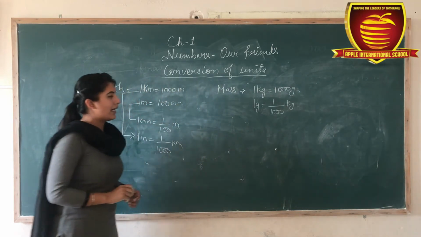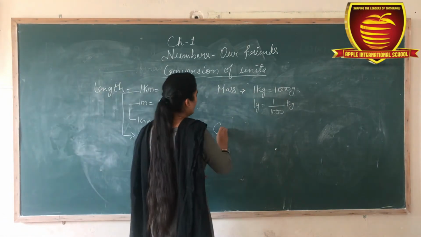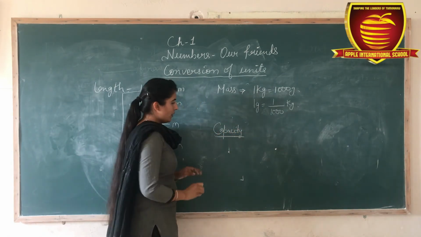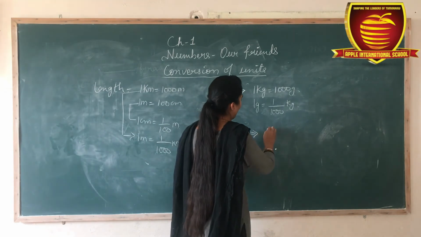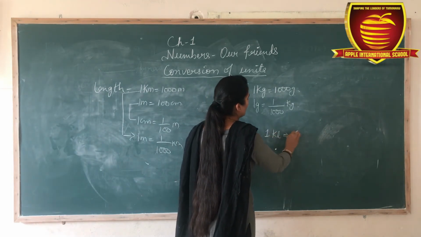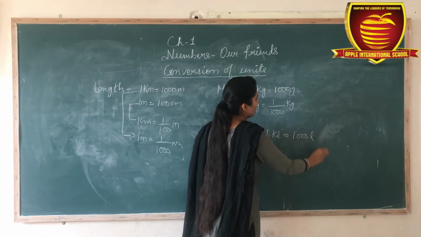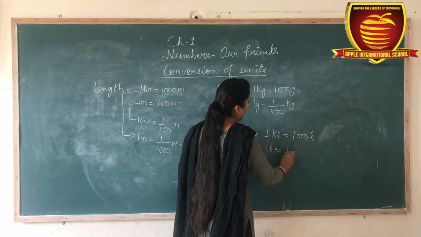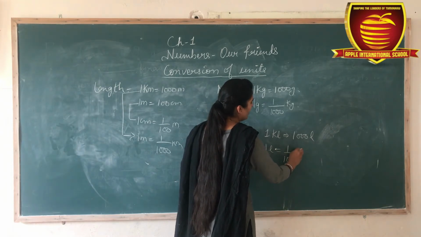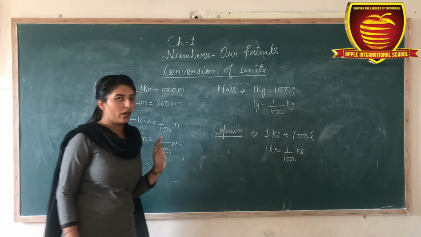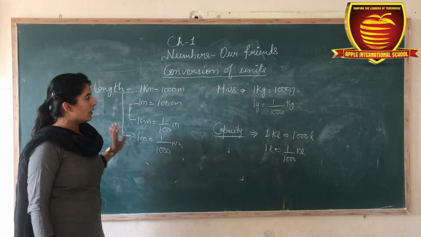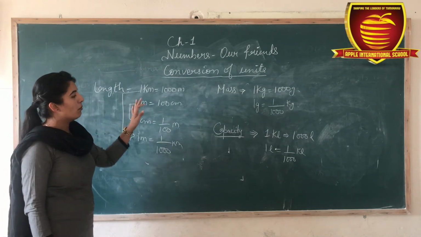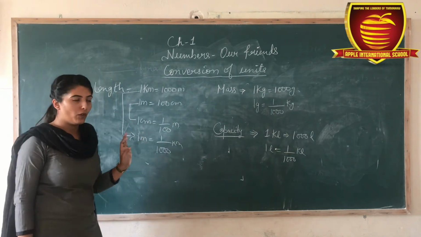Similarly in capacity units, 1 kiloliter is equal to 1000 liters. And 1 liter equals 1/1000 kiloliter. These are all the conversion units of length, mass and capacity.